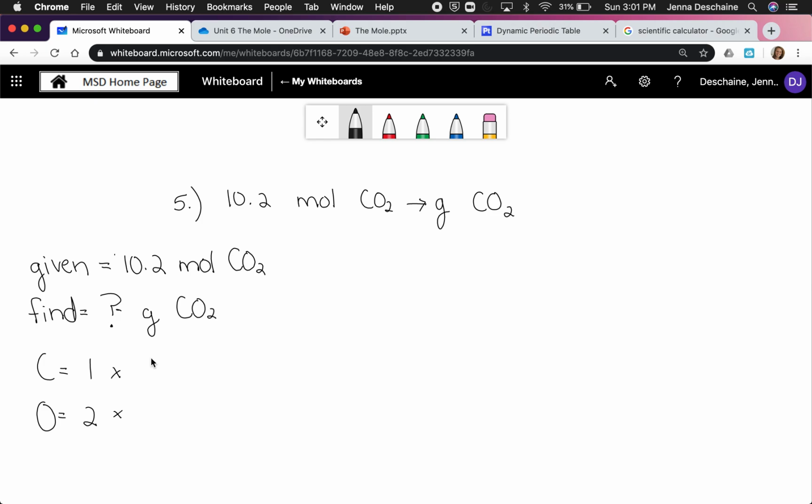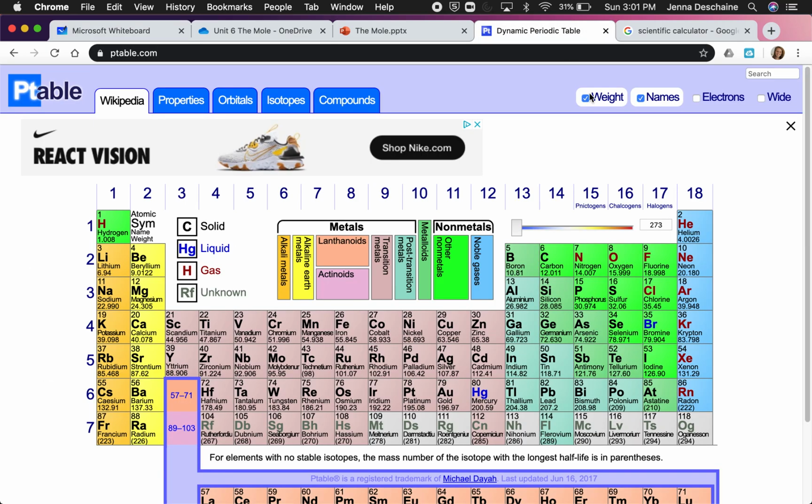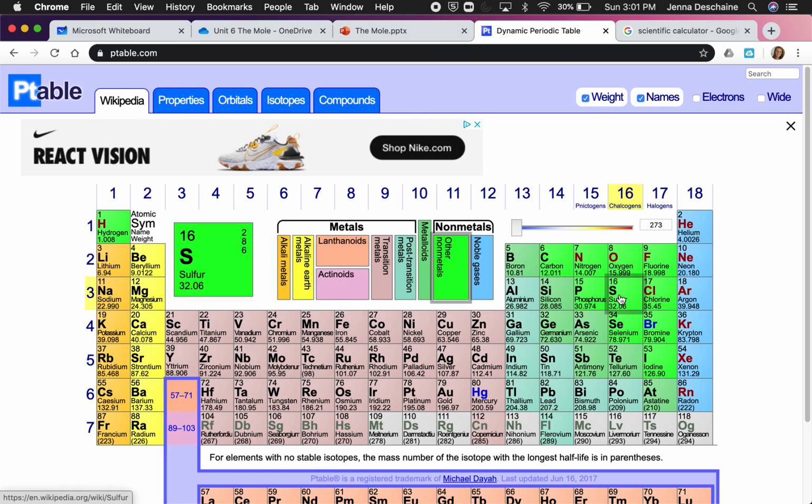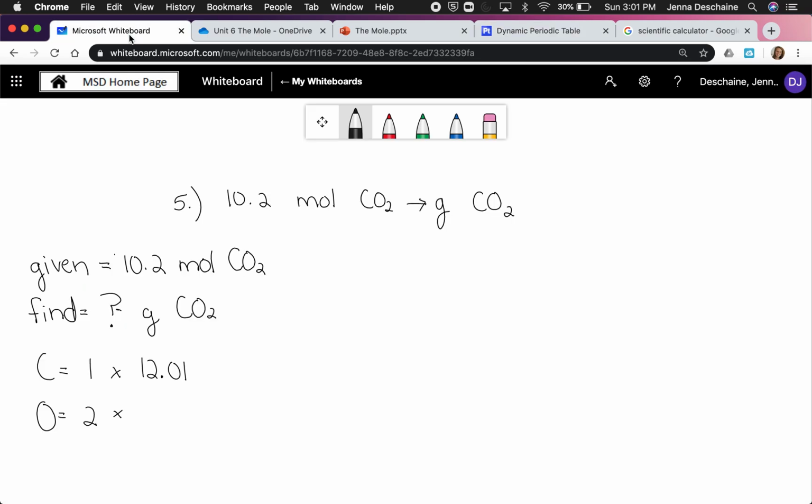I'm going to look at the mass of carbon, which is 12.01. That's going to be multiplied by 1. And 2 times whatever the mass of oxygen is, which happens to be 16, rounding up, remember. Multiply those, I get 12.01 still, and I get 32.